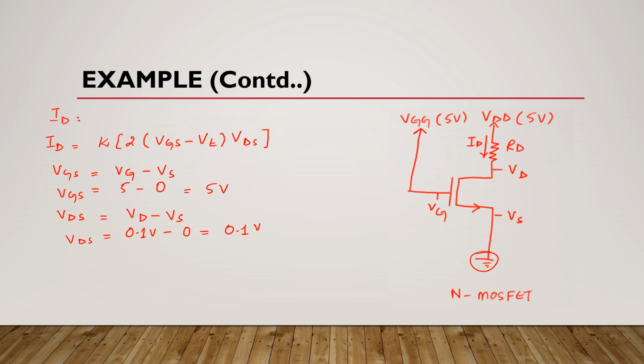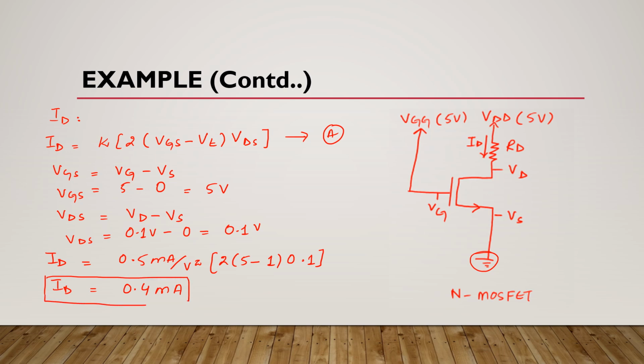Now we put all the values in this equation A. We have ID is equal to K, which is 0.5 milliamperes per volt squared, and here we have 2 times (5 minus 1), and here we have 0.1. Okay, so after solving this you will get 0.4 milliamperes. So this is your drain current here.